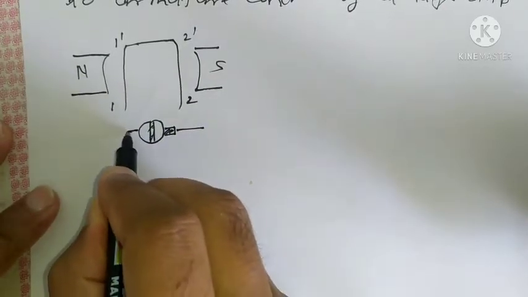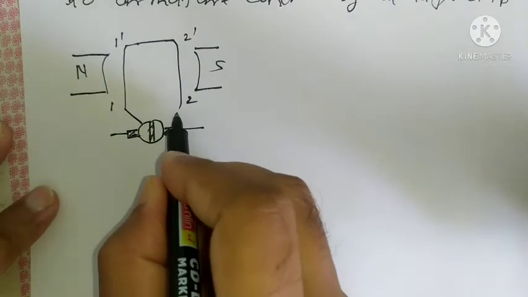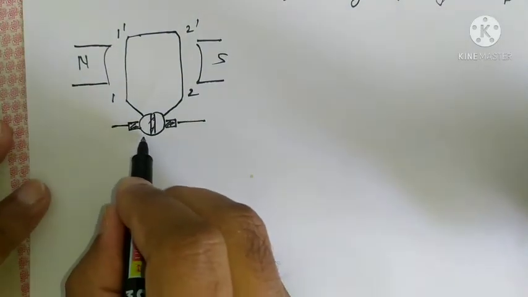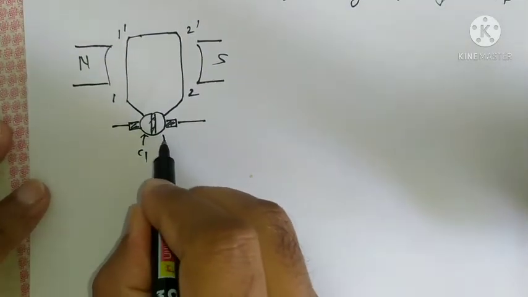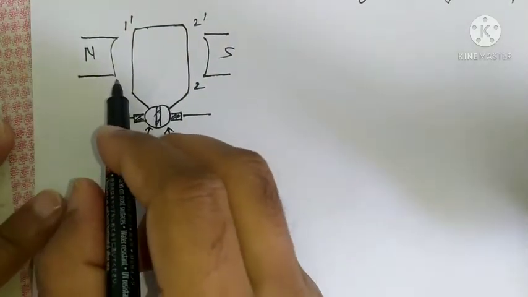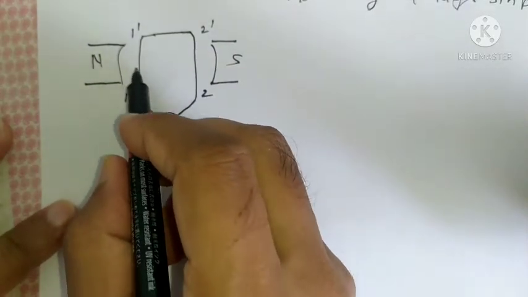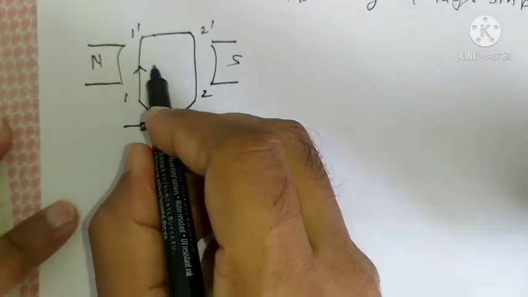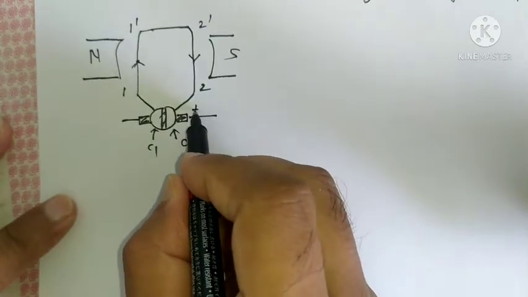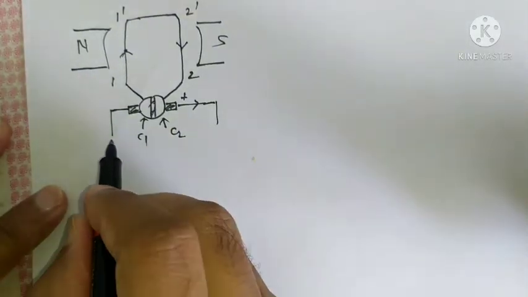So this is the brush, and these armature conductors are connected with commutator segments. This is C1 and this is say C2. Two segments are there. Mind you, current in this side of the coil is upward, so the same current will flow here, and this will become plus, and current out will be like this, right? This will be the output current.